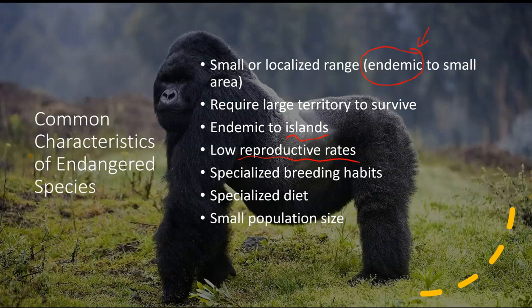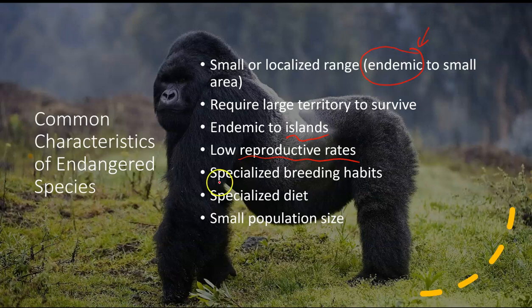And humans actually fit in this low reproductive rate category. We just happen to have high reproductive success because most of our young survive. The low reproductive rates make it very difficult for a population to recover, even if we've stopped the action that caused their decline in the first place.